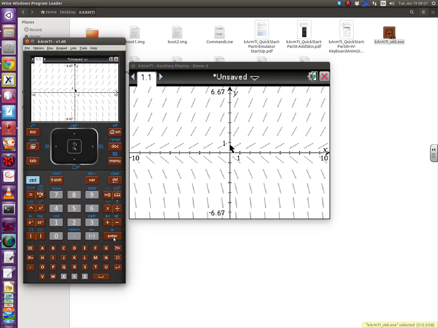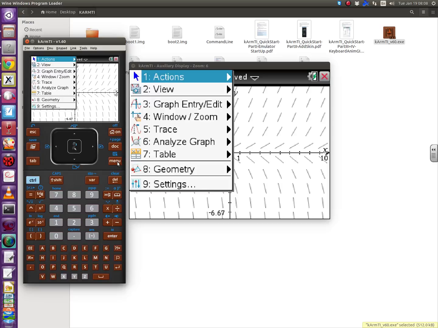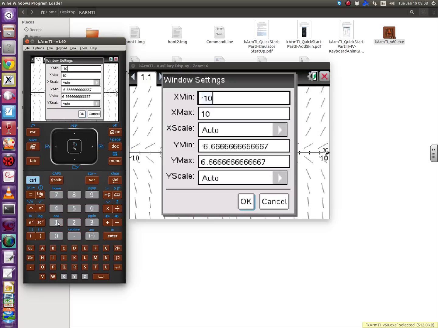All right, now, look at your slope field that they gave you. They're letting P go from 0 to 10. Do we have that here? No. So let's change our window. Negative 10 to 10 for x is okay, but it's the y's that we're not getting. Negative y is fine.